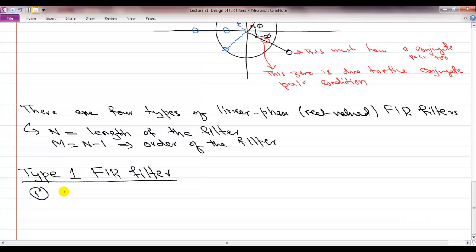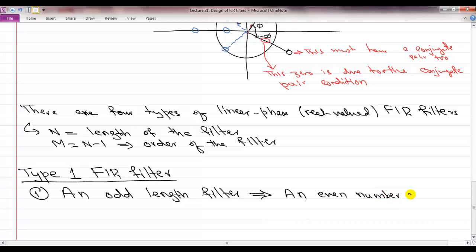The first condition is that it is an odd length filter, which means that it has an even number of zeros. So if the length is odd, you subtract 1, you get even.